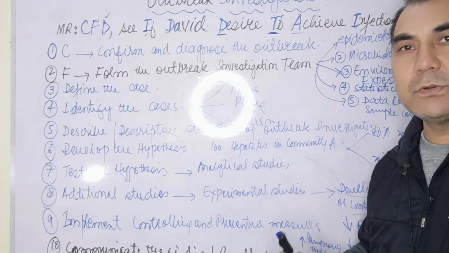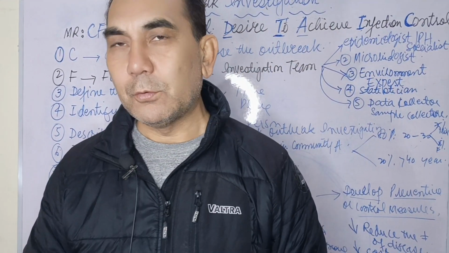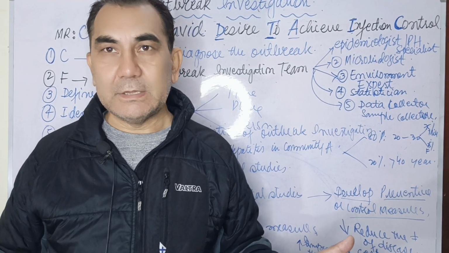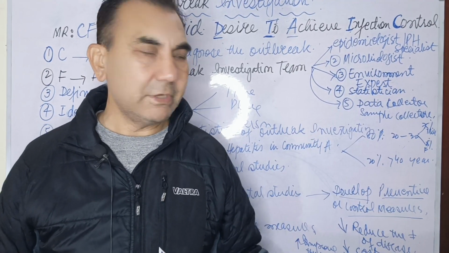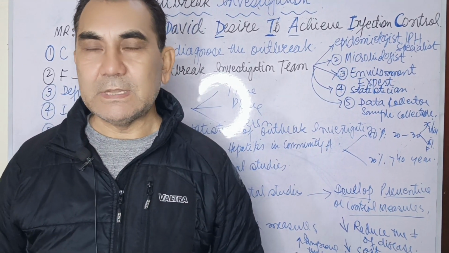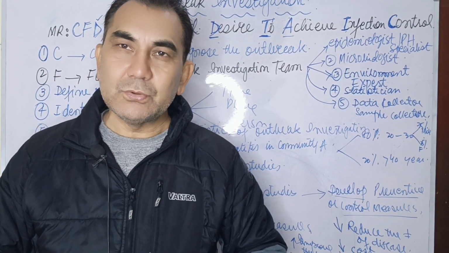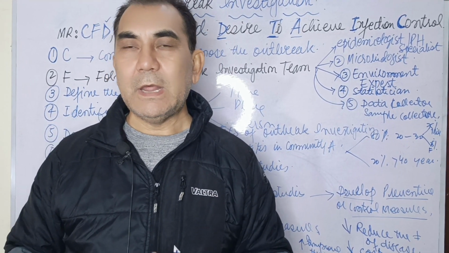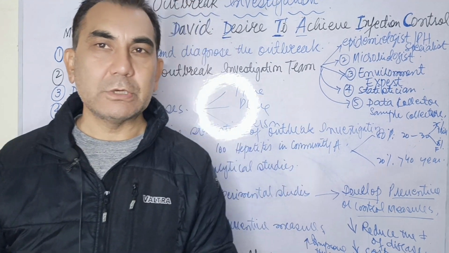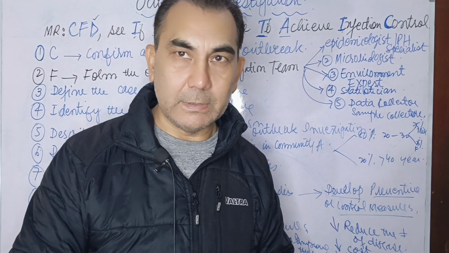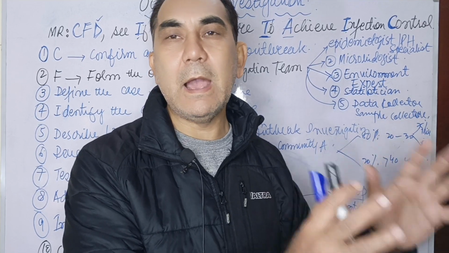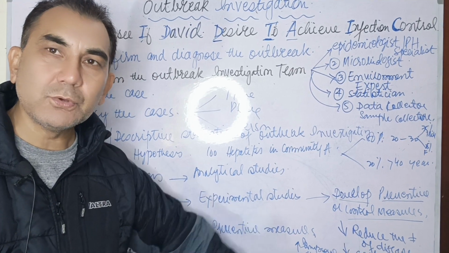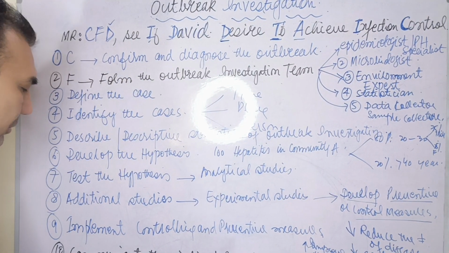When you apply the controlling or preventive measures of the outbreak investigation, definitely it will reduce the number of diseases or illnesses, reduce the cost, reduce the resources, and the last one, it shows its impact to improve the health of that particular community and the particular group of people where the outbreak has happened.